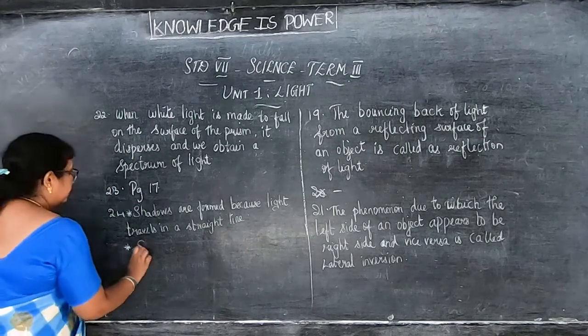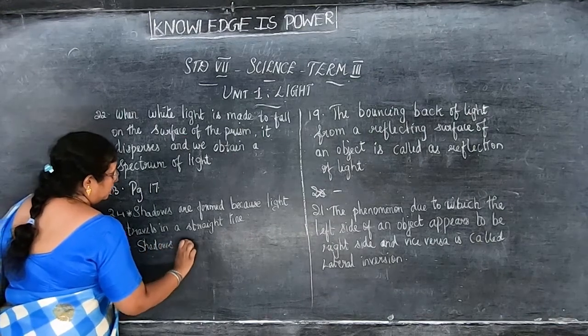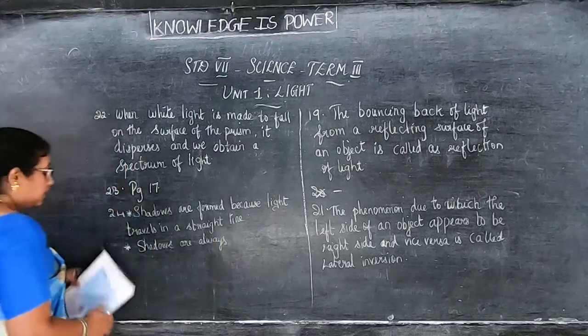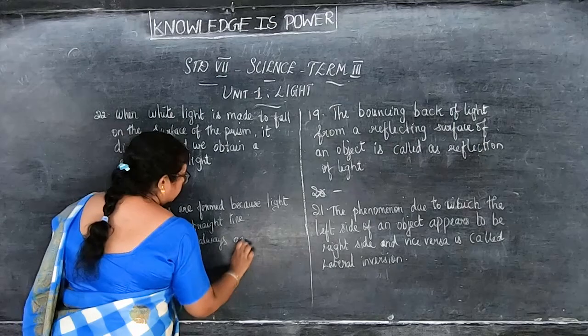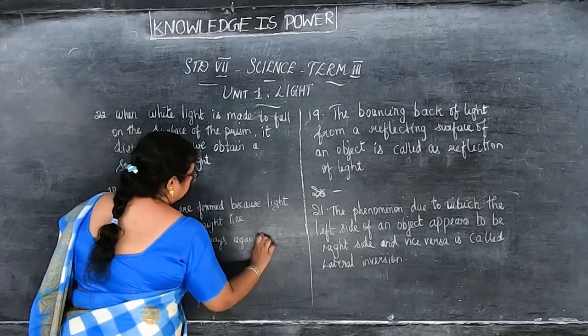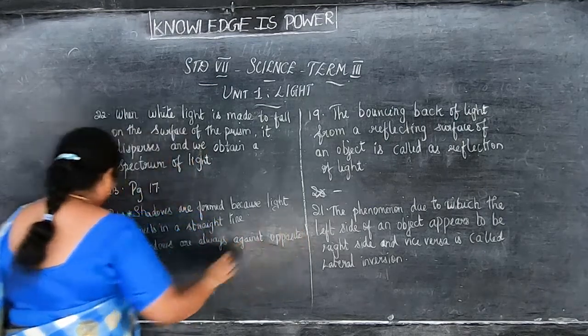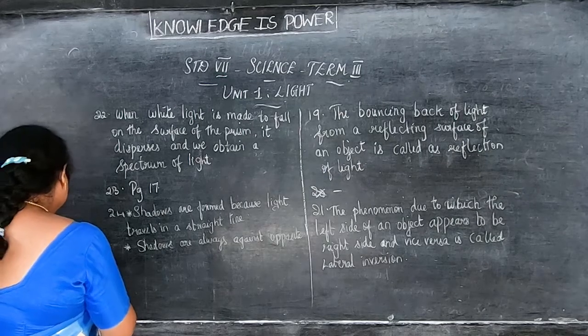Shadows are always formed on the opposite side of light.